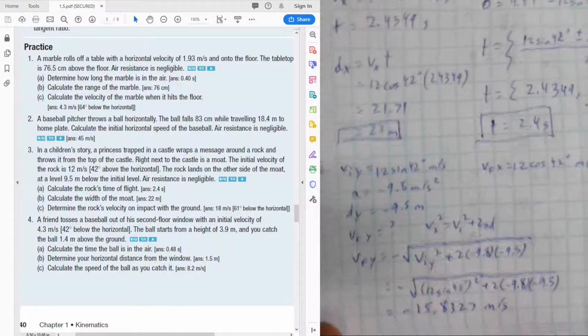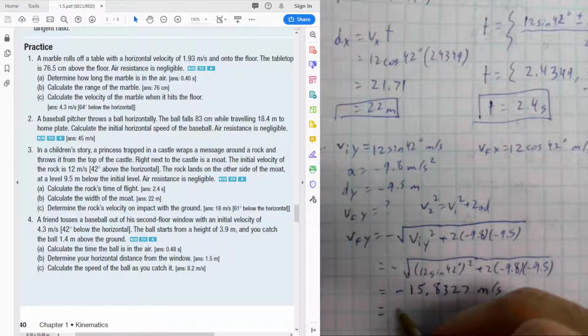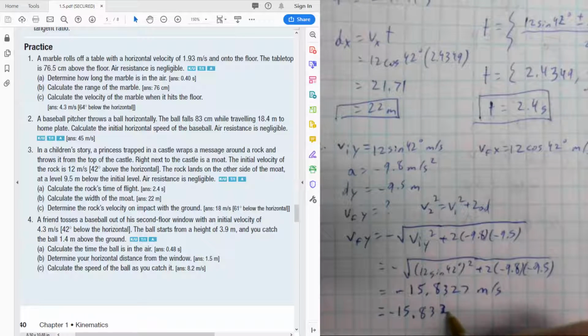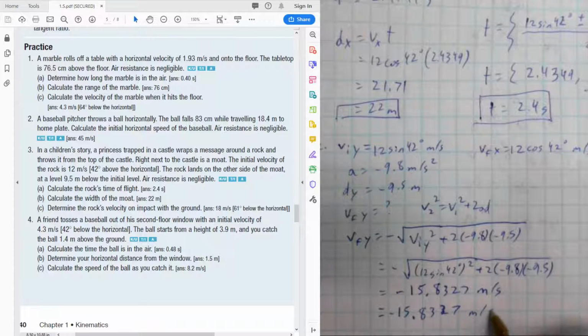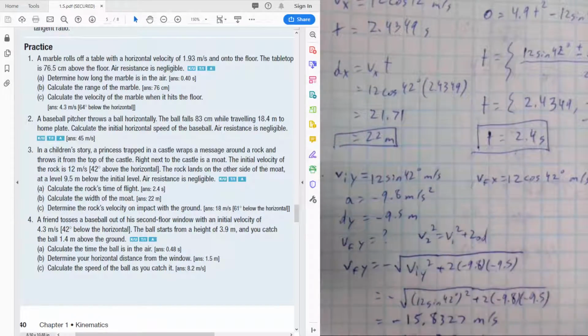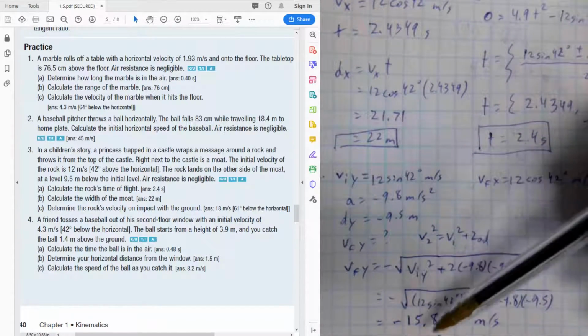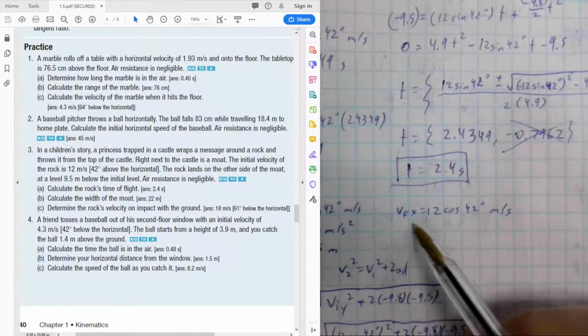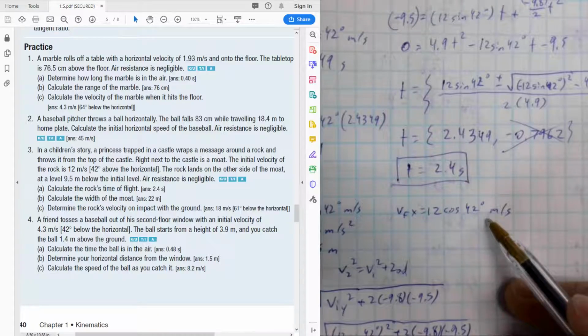I have to take the negative value because this is moving in the downward direction. So my velocity is going down, so I have to take a negative. Now going back up here, my VFX is that value.